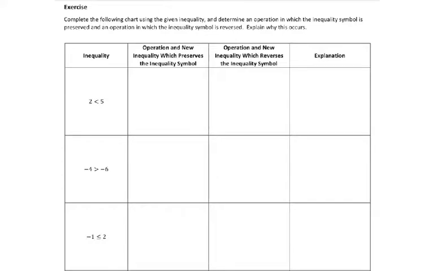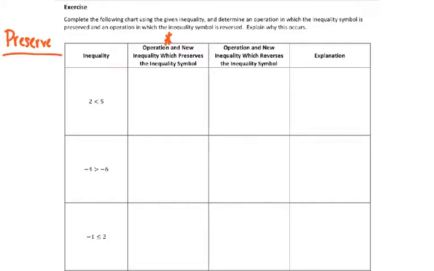All right, so what they're doing is they're giving us an inequality. They already gave us a true statement. So our true statement is 2 is less than 5. That's true. In this first column here, they're asking us to write a new inequality that will preserve that inequality symbol. So on the side here, I'm going to write preserve.